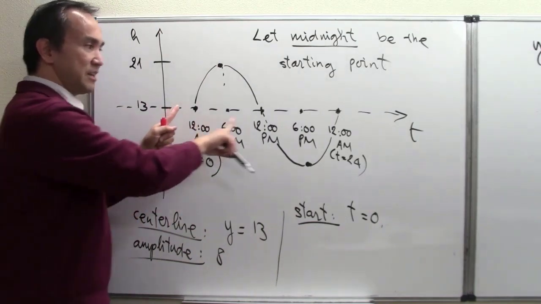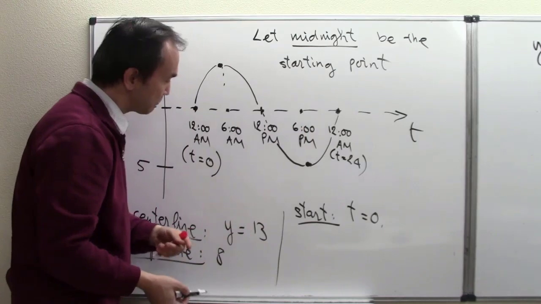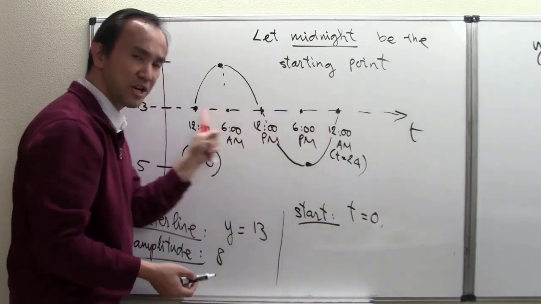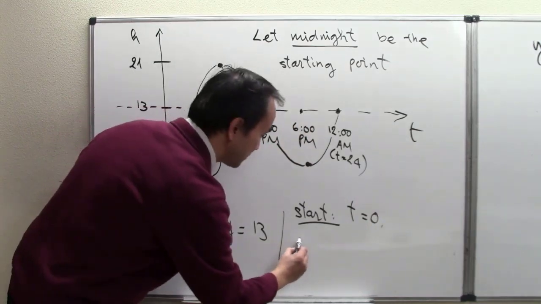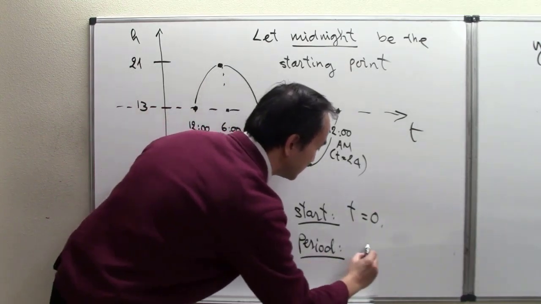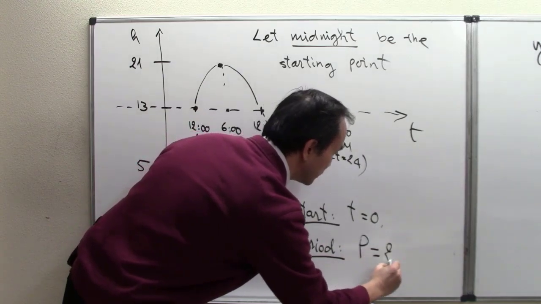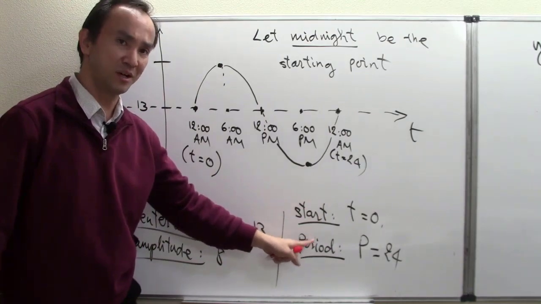And further, according to the wording description of the problem, the graph completes one cycle every 24 hours. So that means the period is p equals 24. Now I have gathered some more important information here.